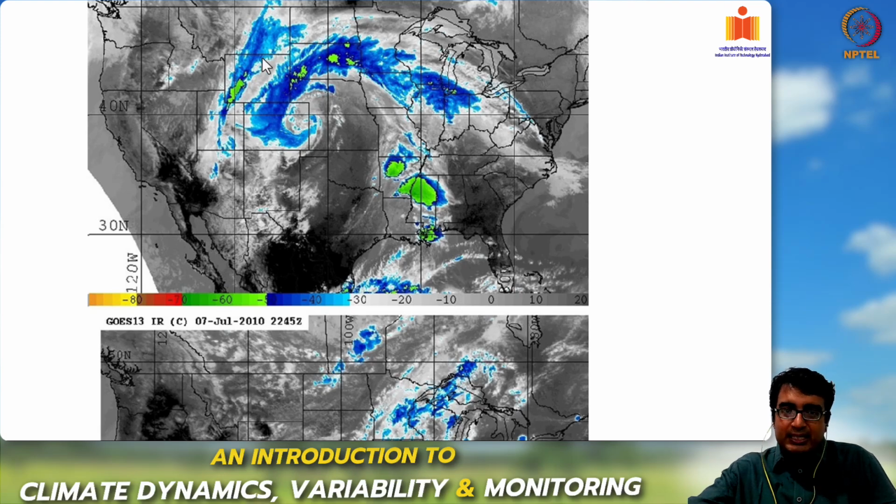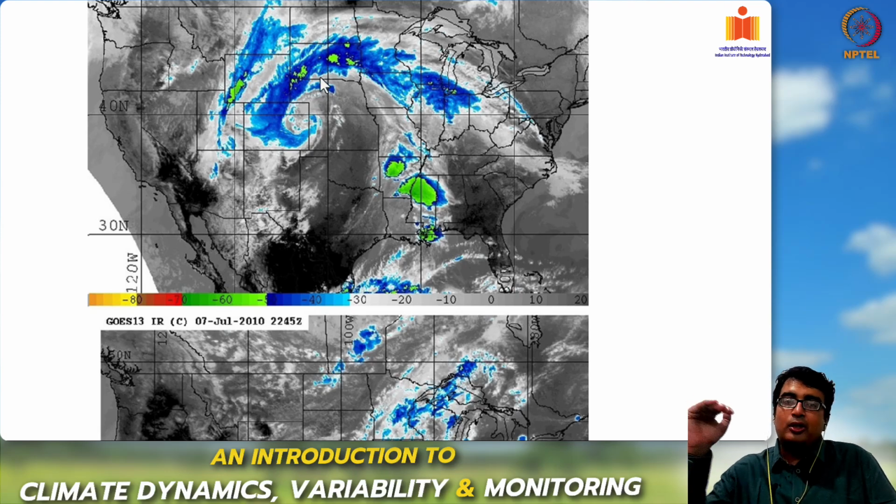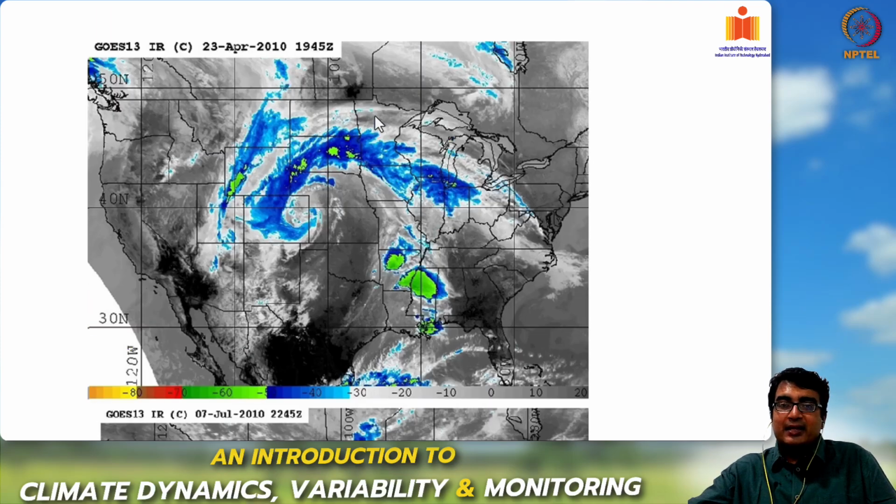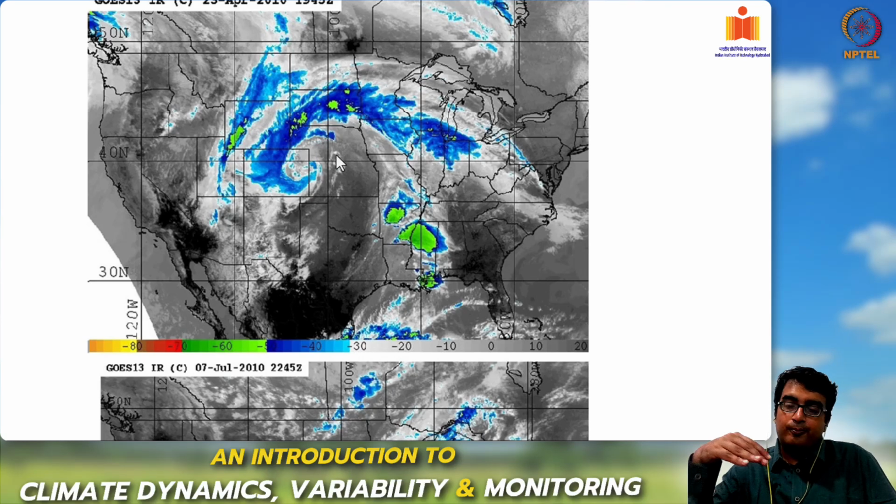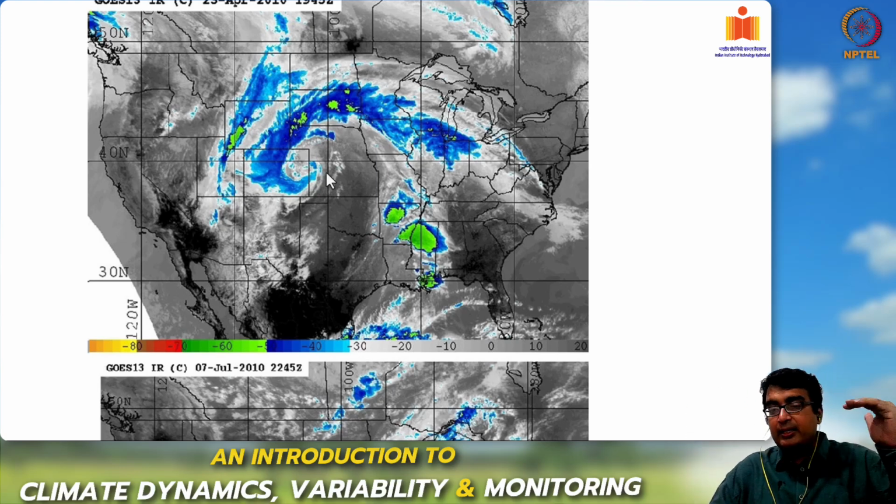Then you have mid-lying clouds, which are the blue region, -40, -50. Then you have high altitude clouds, which have temperatures of -60. So, white to light blue to dark blue to green. This gives us a distribution of where the clouds are located as well as the altitude of the cloud top with respect to the ground, high cloud tops and low-lying cloud tops.